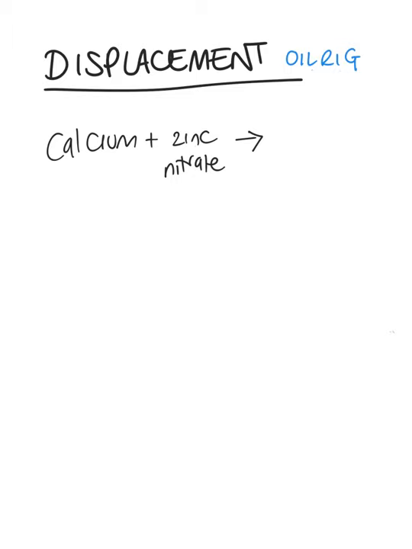I'm just going to finish off the equation here. We've got calcium being added to zinc nitrate. Now, the calcium would displace. Actually, I'm just going to rub this out and move this whole thing over.